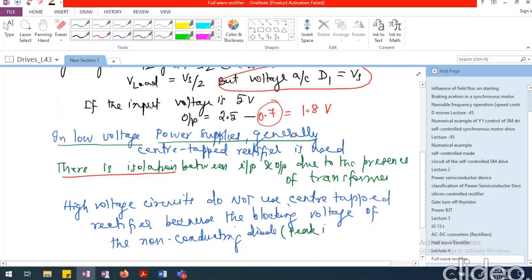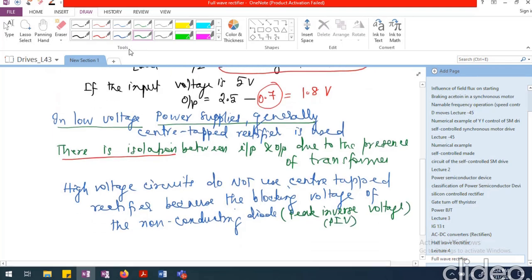We call this as what is the maximum voltage that the diode has to block. So that is peak inverse voltage, or PIV, of the diode. That is twice the value of output voltage. This is going to be twice the value of the output voltage.